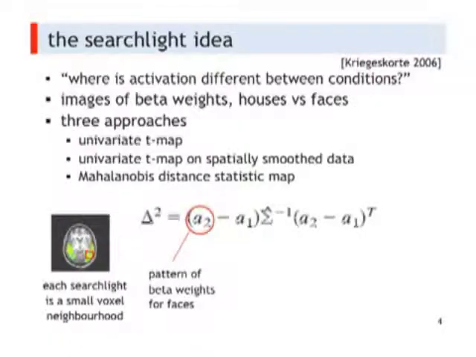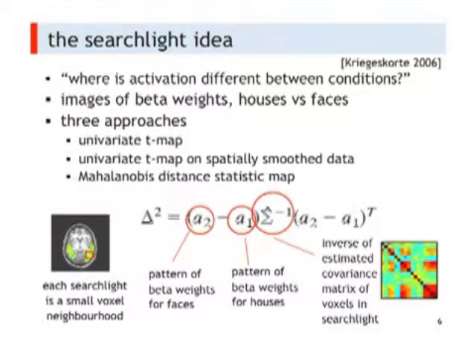What he's doing here is saying, we're not averaging; we are asking, is there a difference between the beta weights for faces within this small window and those for houses in that small window? And you also take the covariance between those voxels into account.